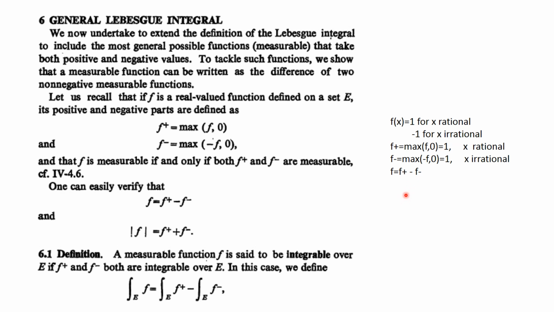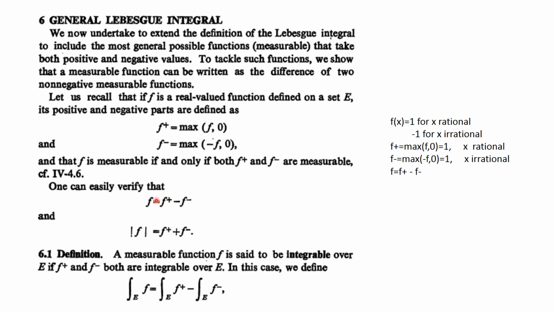When x is irrational, f positive value is 0 and f negative value is 1. So 0 minus 1 is equal to minus 1. So the value of function is minus 1 for x irrational, right?